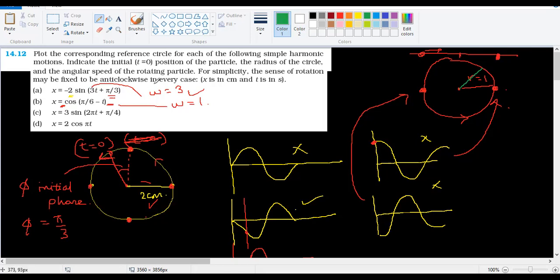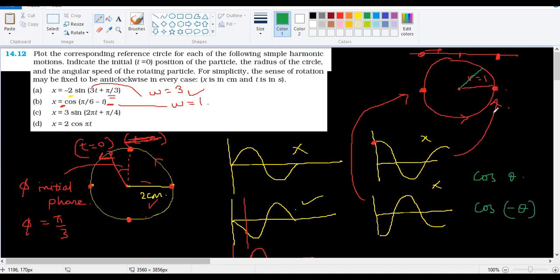We said anti-clockwise direction, but there is a minus here. Listen carefully. If I say cos theta, theta is in the positive direction. If I say cos minus theta, it means it's going in the opposite direction.